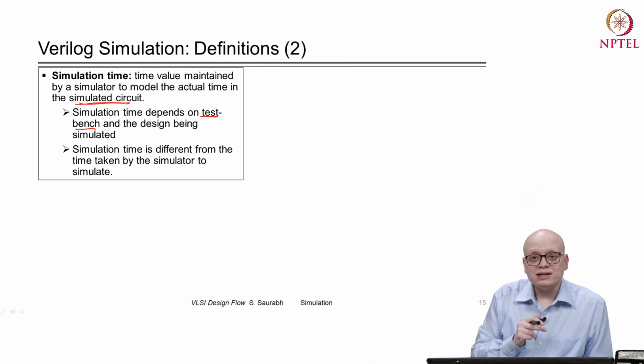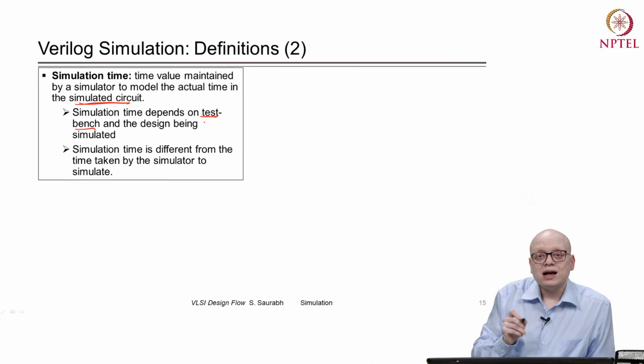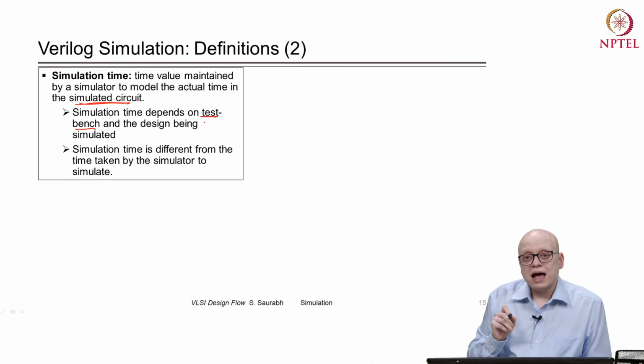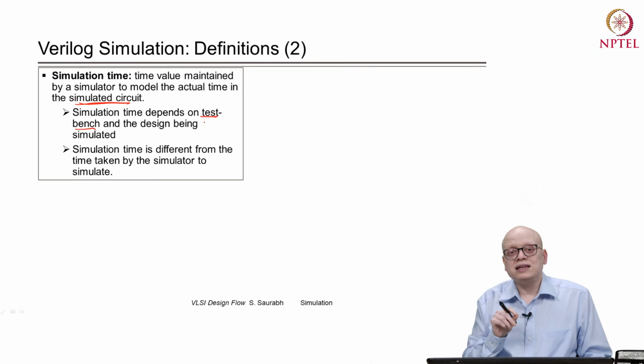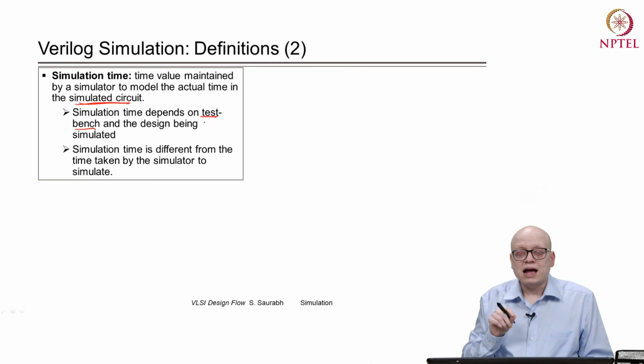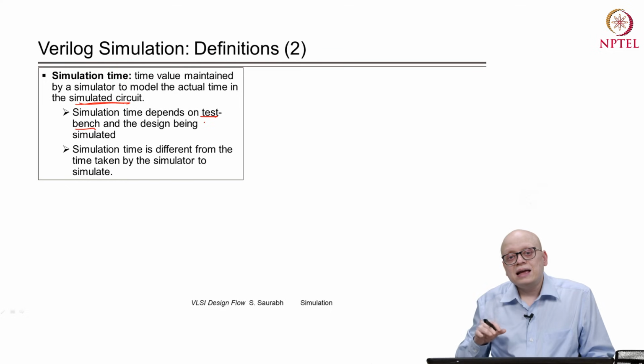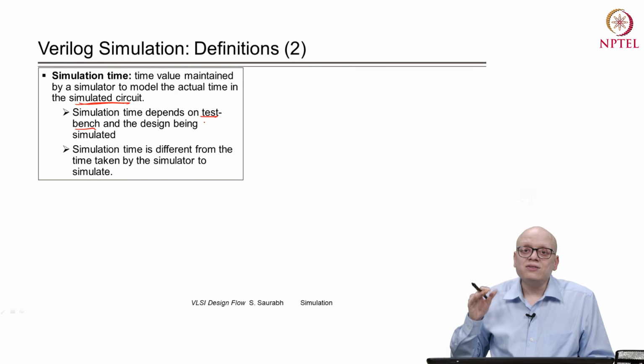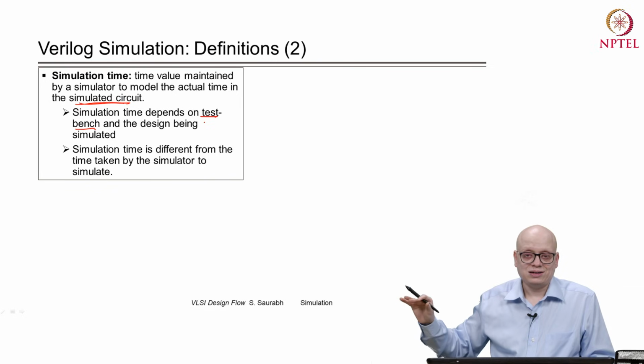So, the simulation time will depend on the test bench and the design, and given a test bench and a design, if the design and the test benches are well coded, then any simulator will give the same simulation time for the same events, right.